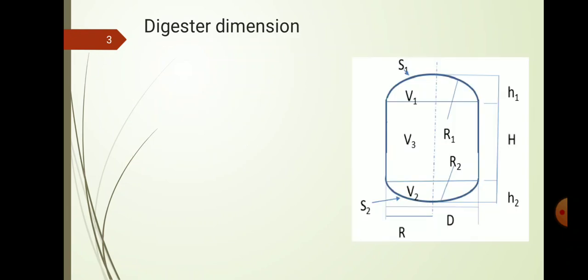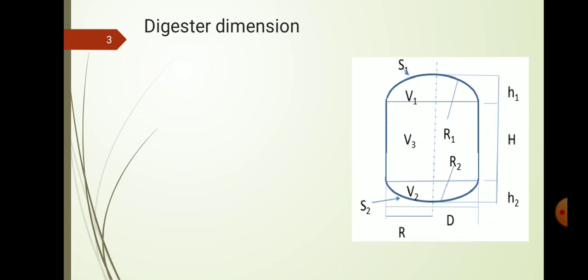Another dimension is based on the geometry. Geometrically, the digester has 3 parts: a central cylindrical part, as in the figure, and a top and bottom hemispherical part.